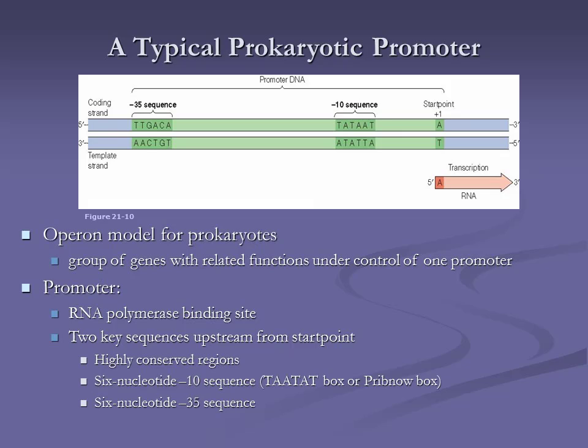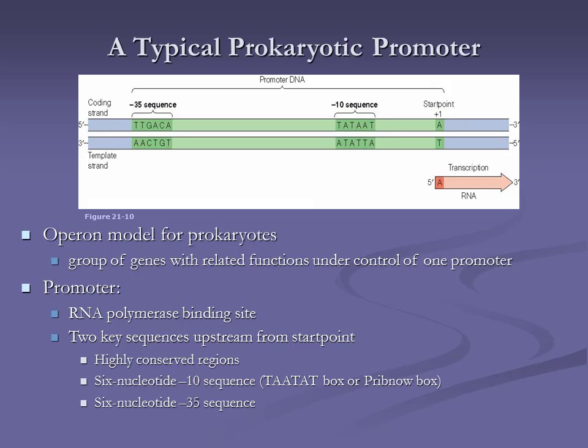But as we look at points that are further 5' from our start point, and we call that upstream, because if we're going 5' to 3', think of a river flowing. And if you're in the middle of a river and you start paddling against the river, you're going upstream, all right? So we refer to these as upstream regions.